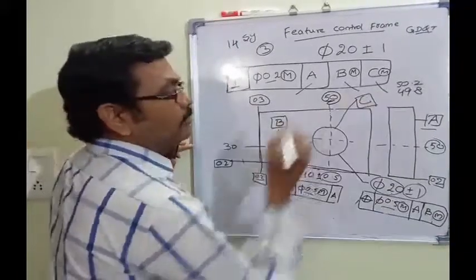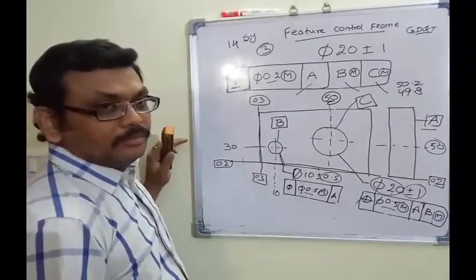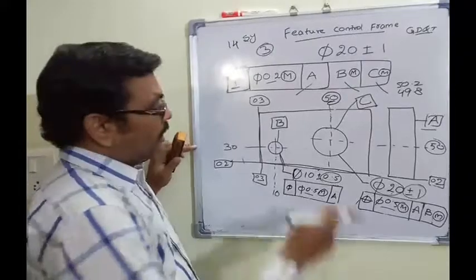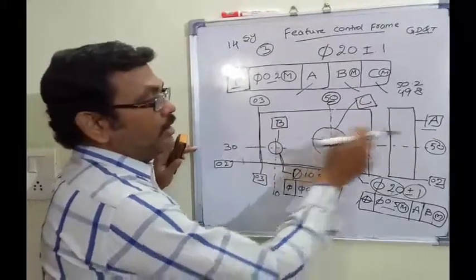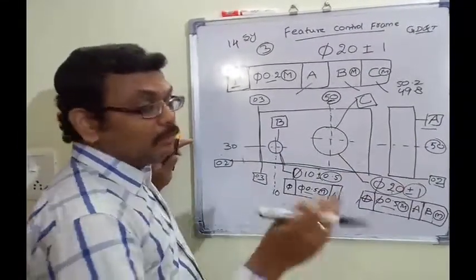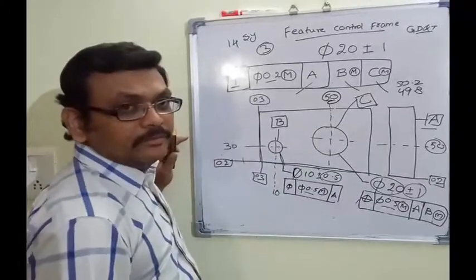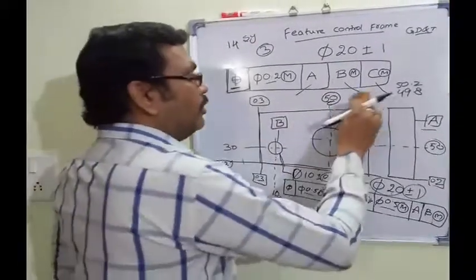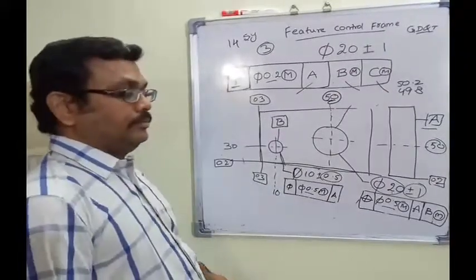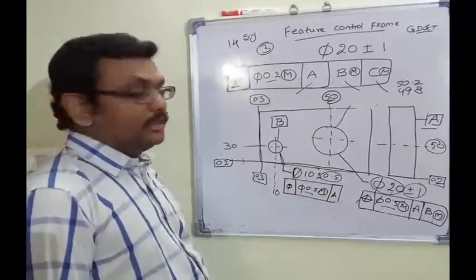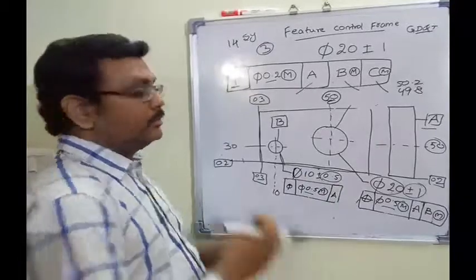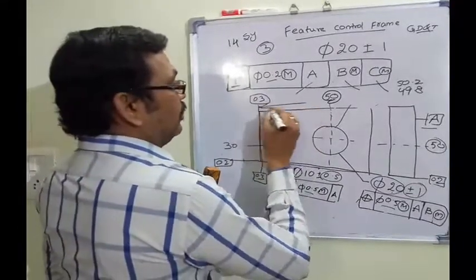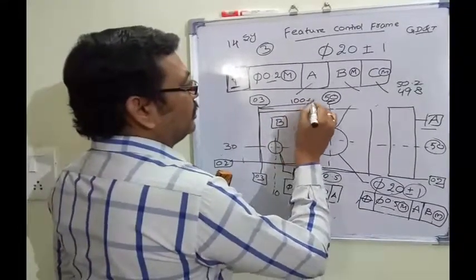What about C? I have taken B, A. There is one more datum to qualify. As I said, all the datums should be qualified. Suppose I have not taken any C. This looks fine. Tolerance for this will be given something.